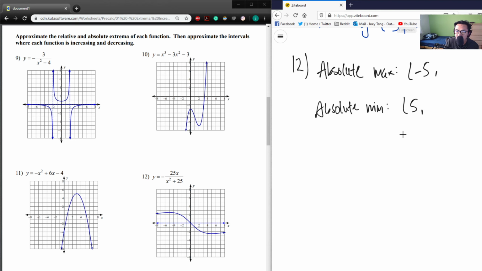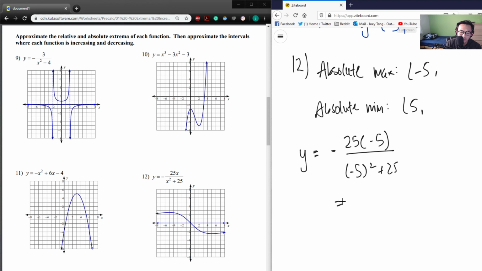So let's do negative 5 first. This is y equals, and we're just subbing a negative 5 into this function. So it's negative 25 times negative 5 all over negative 5 squared plus 25. Put that in my calculator. Let's see what I get.